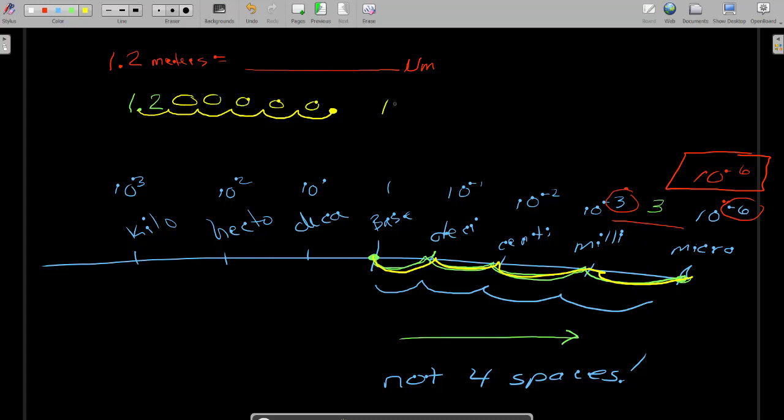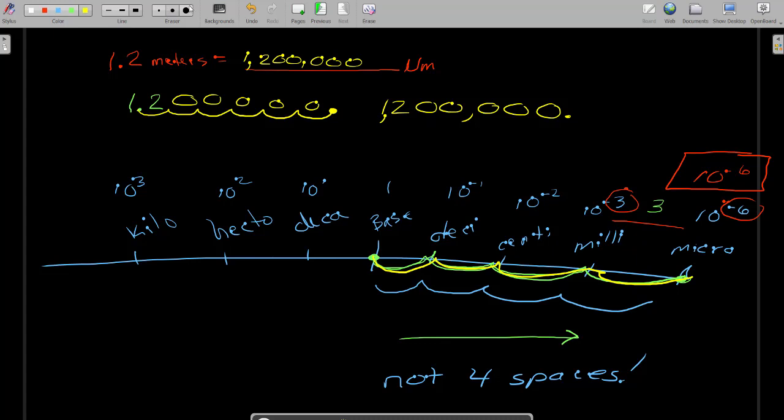So if I rewrite that, I have 1, 2, 0, 0, 0, 0, 0, decimal. So 1,200,000 micrometers. Okay? So that's how we go back and forth, how we do micro.